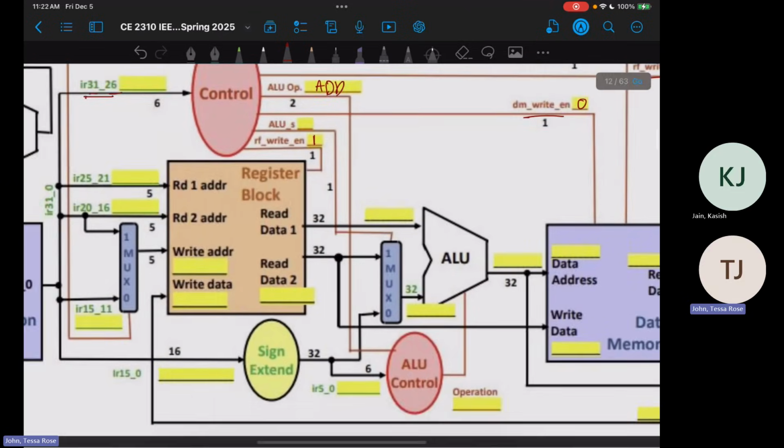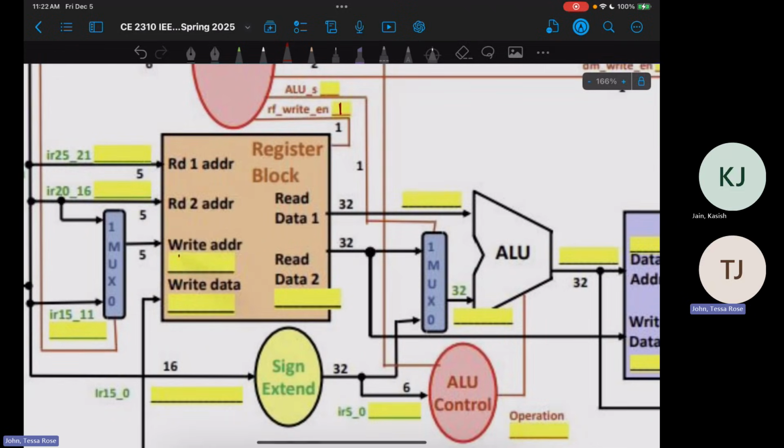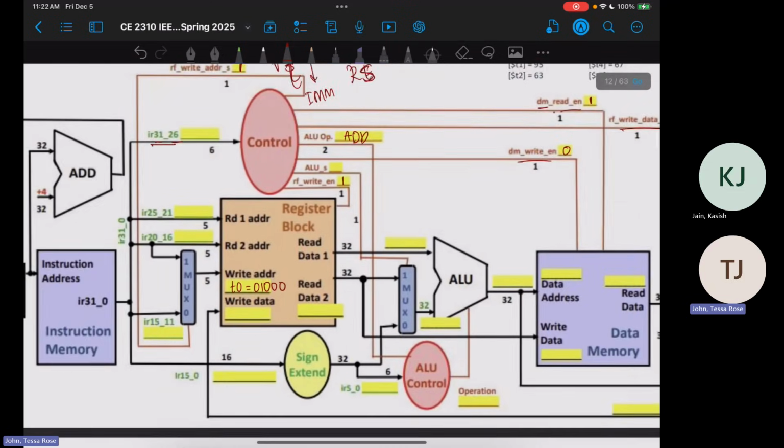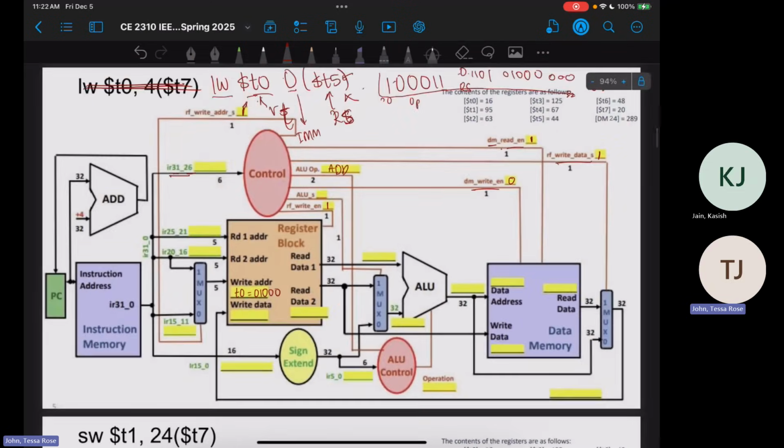So when we're writing it to T0, and that is 8, so that's the binary for that. The data we'll be writing should be, so let's see, T5 is 44 plus 0, so it's just 44.